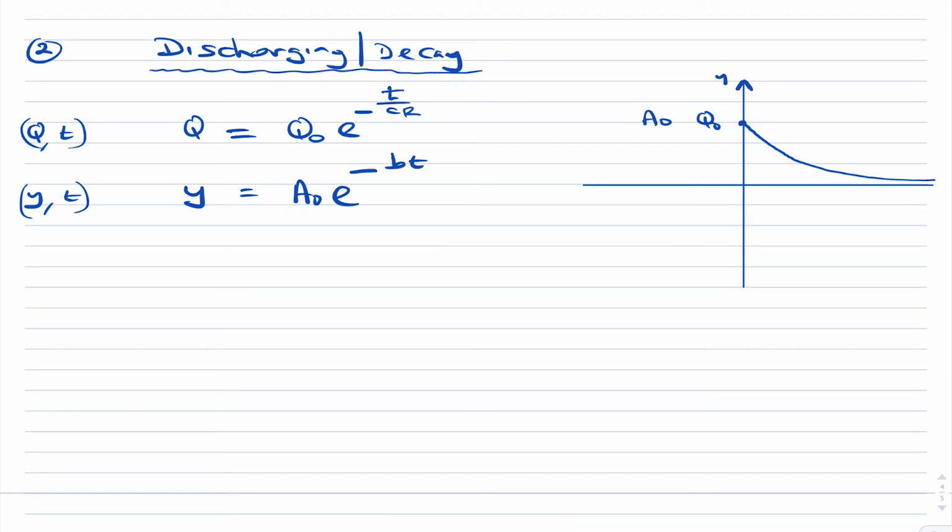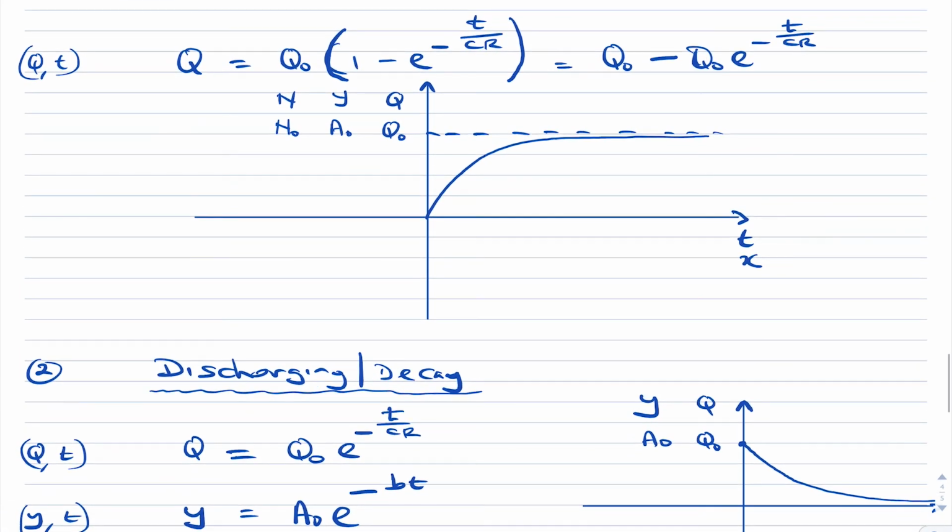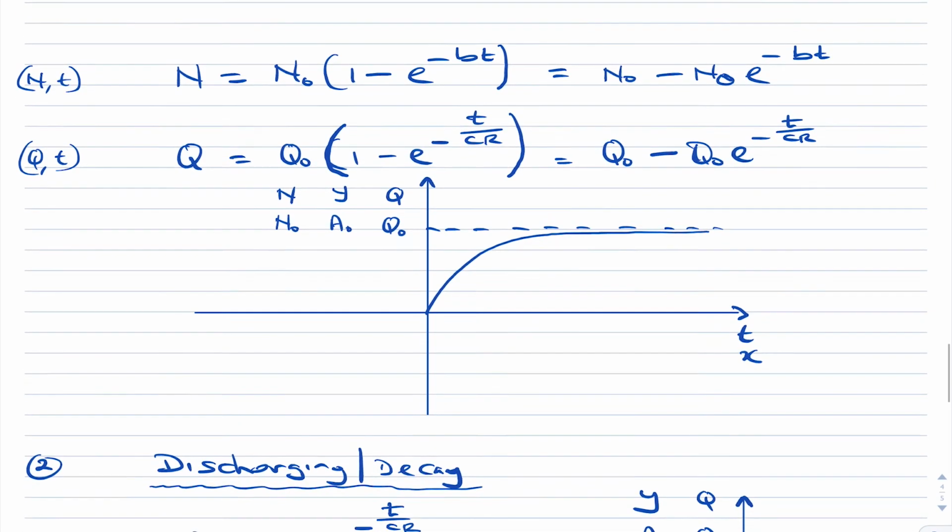If you're plotting y or q there, that'll be the y function, and that's Q, and the x-axis or t-axis, in this case we're just plotting t. So those are the variables, and that's what discharge looks like. And those are the two applications we have in exponential functions, which is very common in exams.